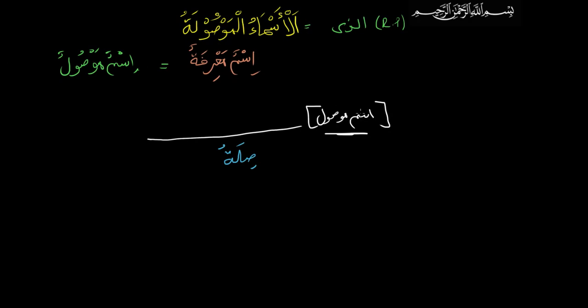What happens when the ism mawsula comes, like allazi over here, is that it is immediately followed by a sentence, and this sentence is usually a jumla khabariya, which must have a damir in it.